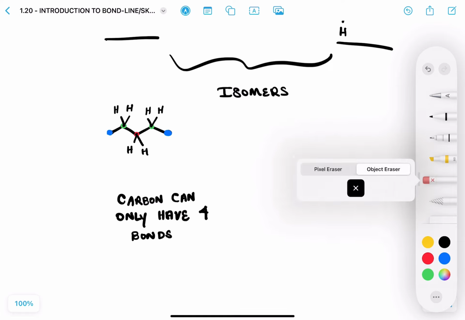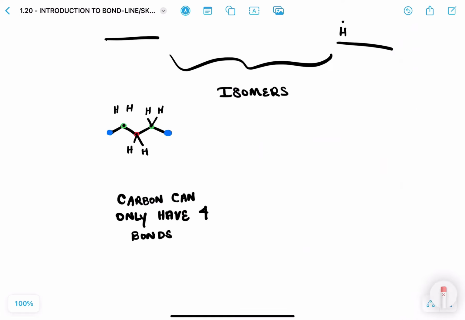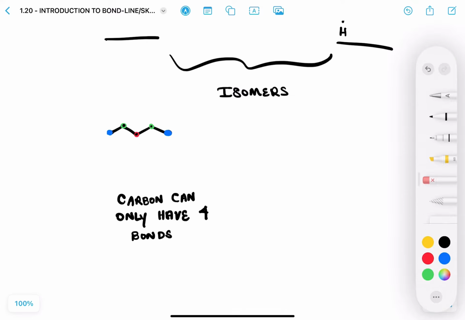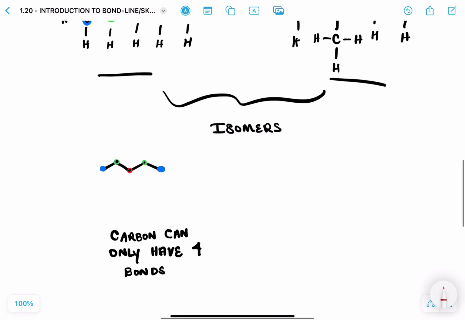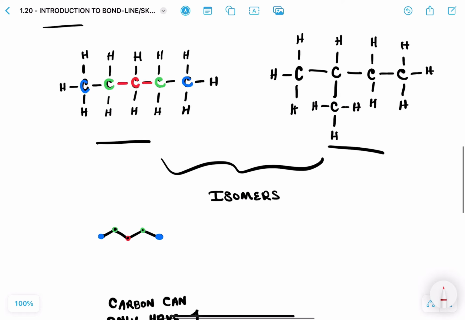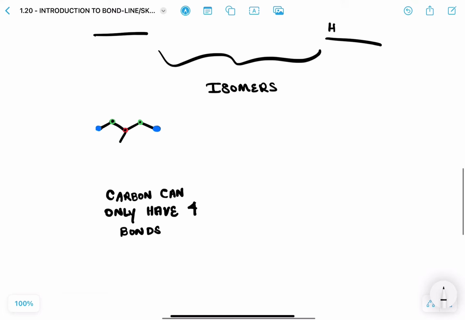So we're going to go back through these. I'll erase these hydrogens, and we'll start at the red carbon. The red carbon already has 2 bonds to these green carbons, one right here and one right there, which means we only have 2 bonds left, and those 2 bonds are going to be our implied H's.